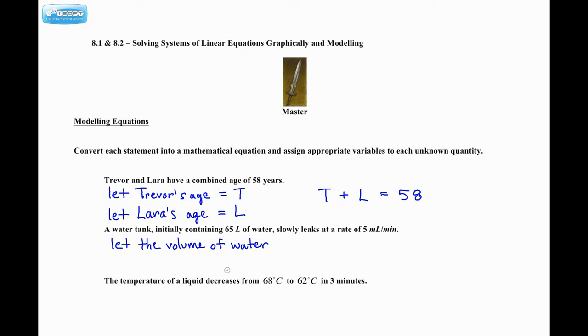So let the volume of water in liters equal V. Every time you see the letter V, that just represents how much water is still in the container in liters. The other unknown quantity is how much time has gone by.